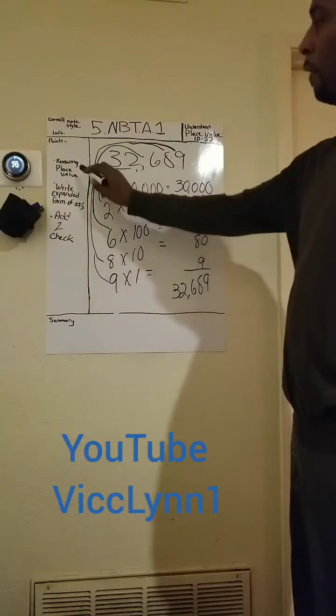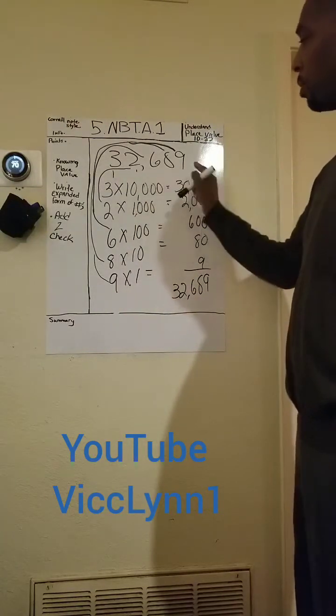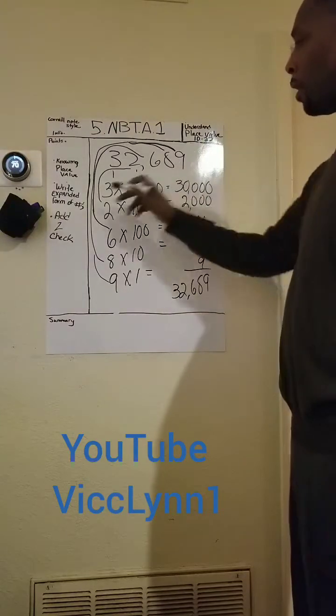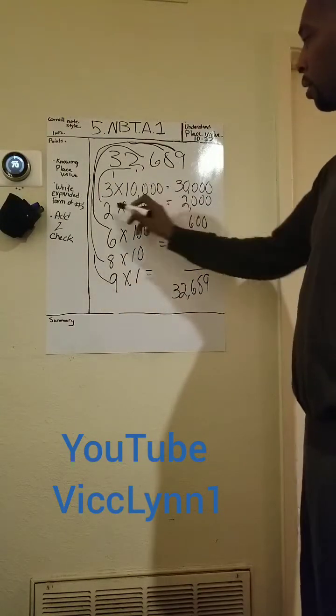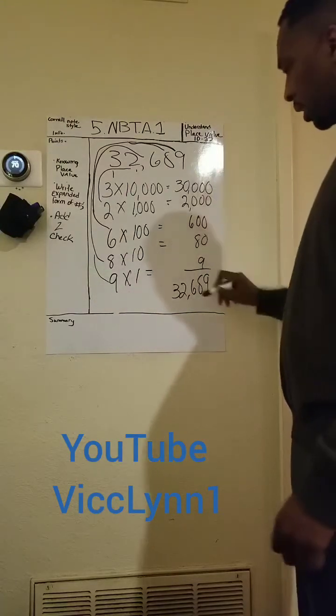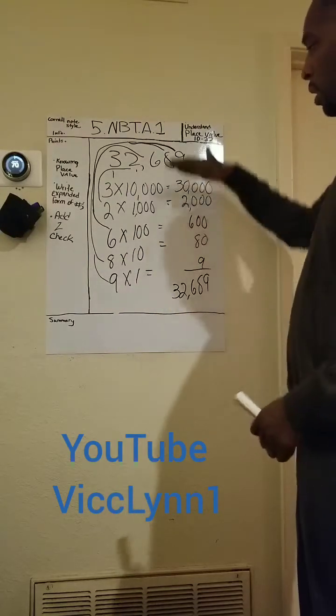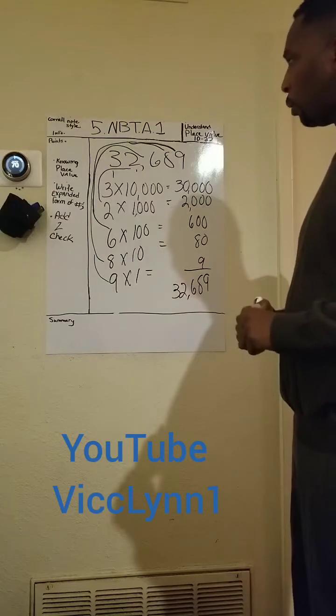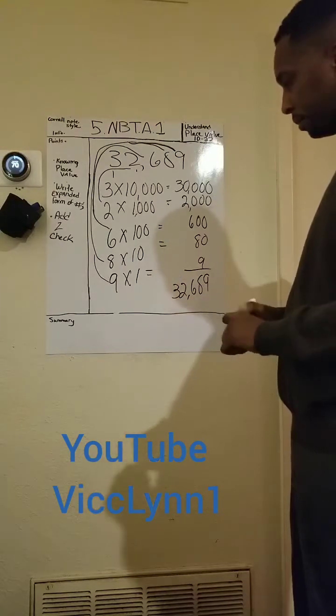So, first thing I did was knowing the place value of the numbers. Then I wrote the expanded form of all the numbers. And then I added to check it. Basically, this is what they're doing when writing the expanded form of numbers.